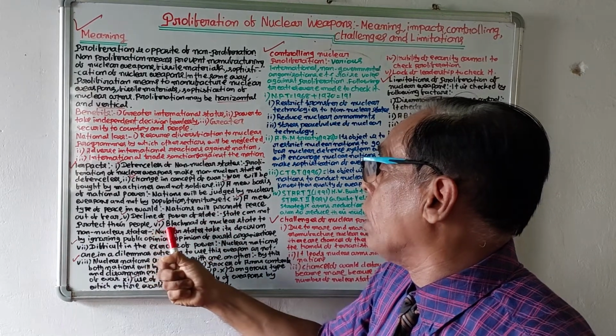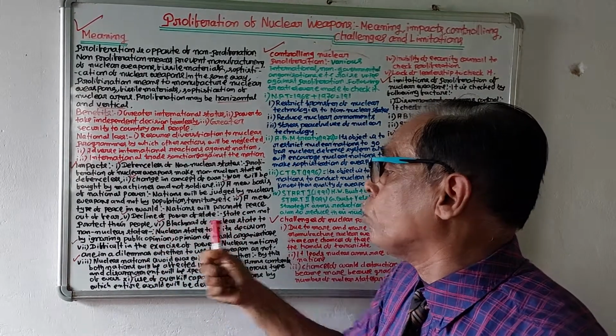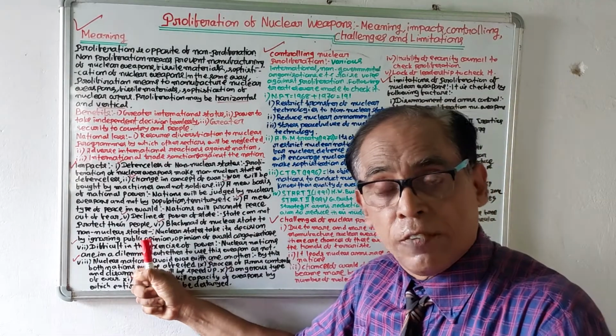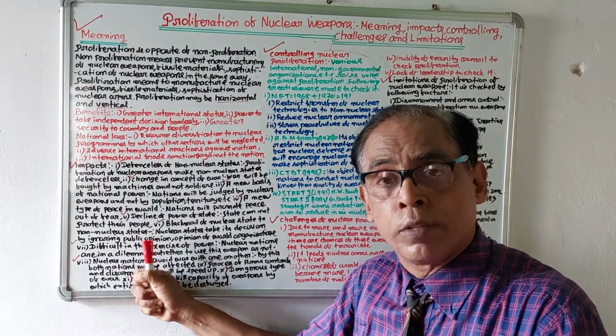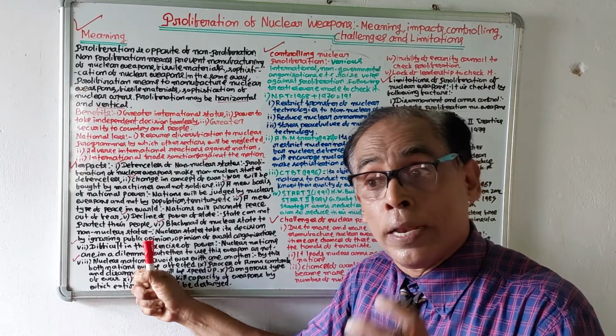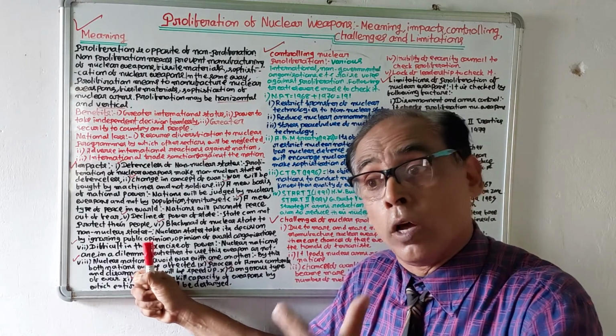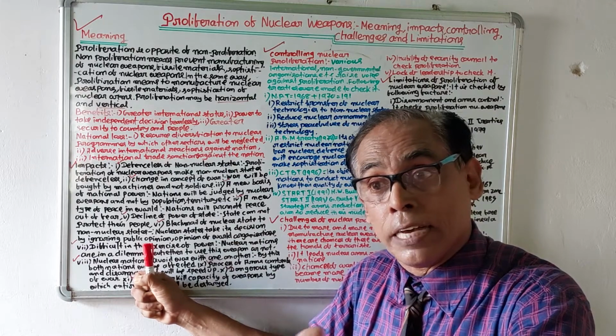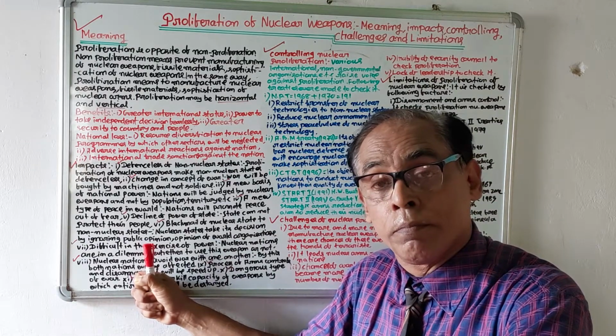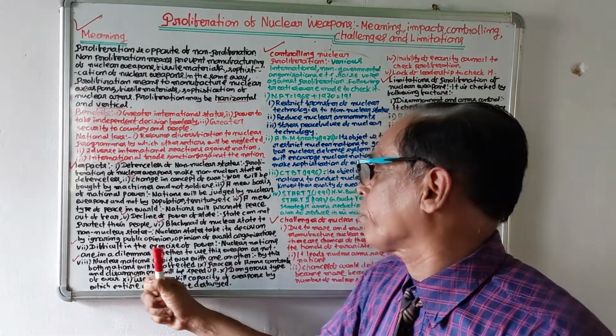Then, blackmail of non-nuclear states by nuclear states. If a nation has nuclear weapons, it will blackmail and dominate non-nuclear states as well as world public opinion and international organizations.